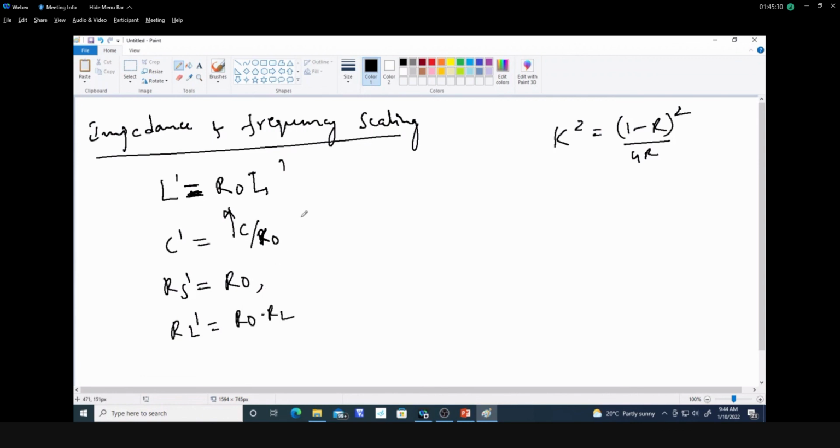Based on the value of R0, we convert the impedance and get the conversion. Similarly we can get the frequency scaling. For different kinds of filter designs, the frequency scaling we will discuss in the next class, as it will take some time to explain for all the different filters.